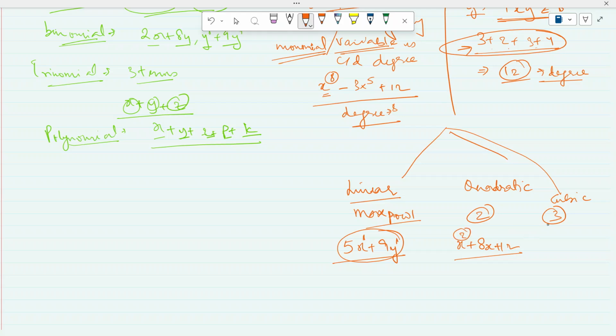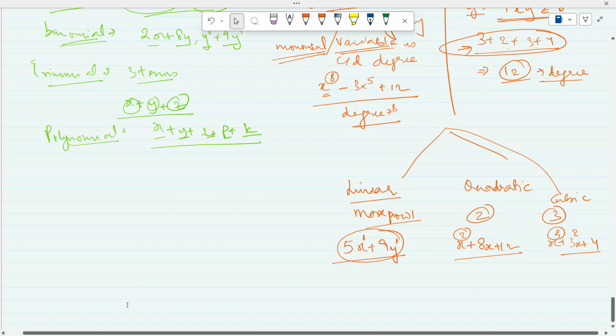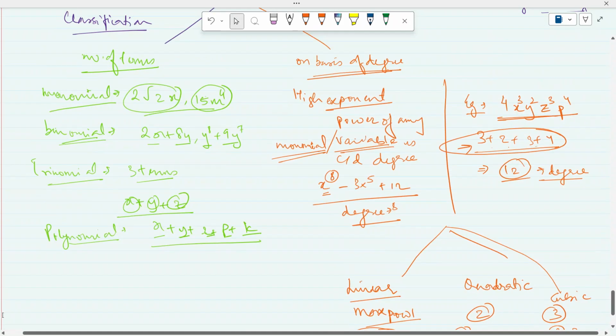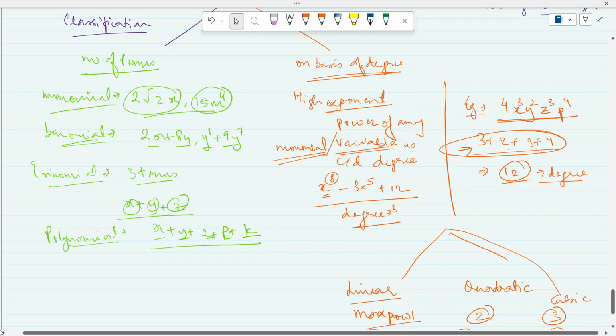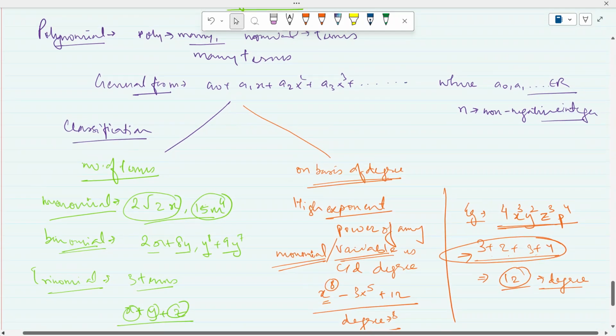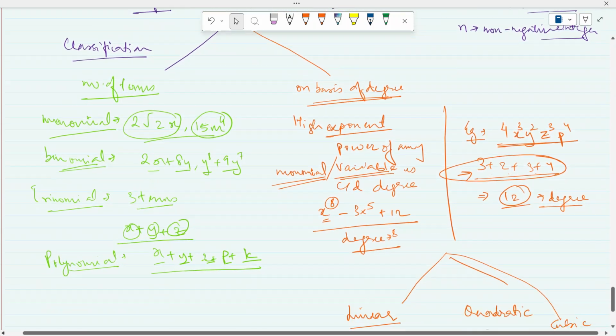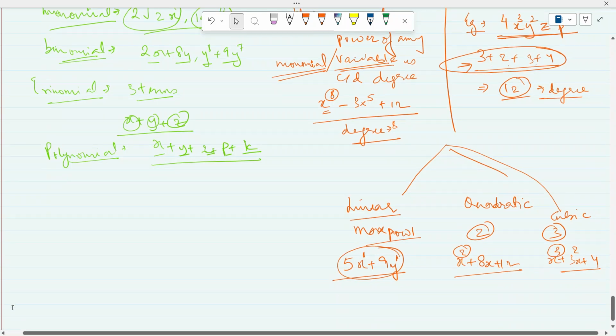Cubic is like x³ + 3x² + 4, so the maximum power is 3. So we have classification on the basis of the number of terms in the polynomial, or on the basis of degree.